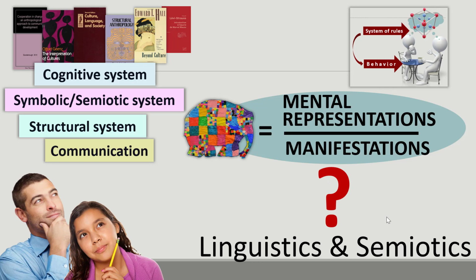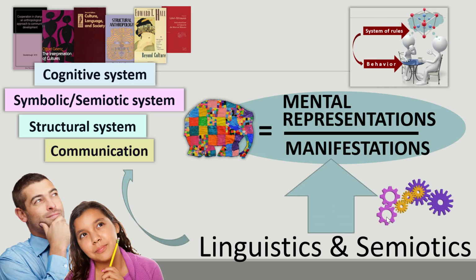Is this a mere coincidence? Not at all. The value-oriented anthropology openly looked for inspiration in linguistics and semiotics. Let's briefly review basic principles of linguistic methodology to understand better the intellectual roots of the value-based conception of culture.